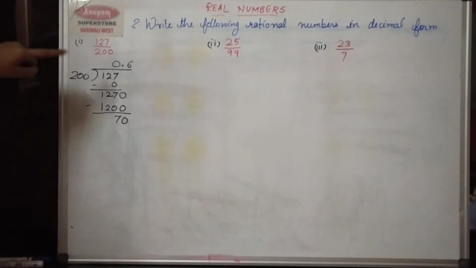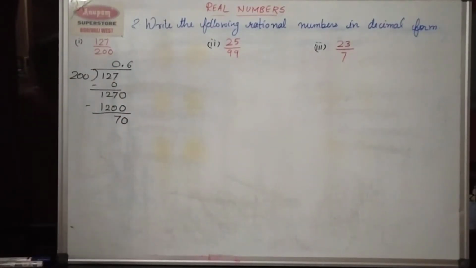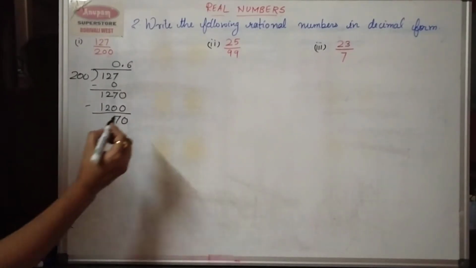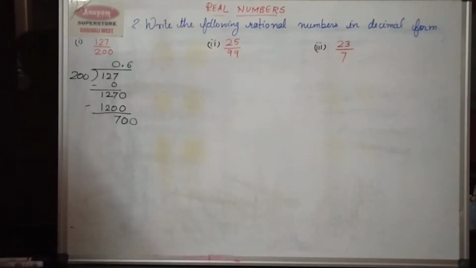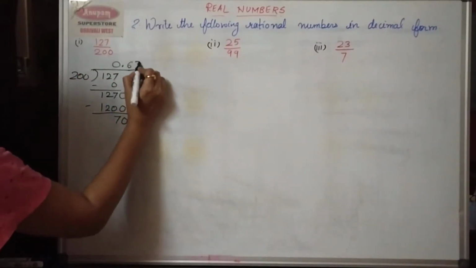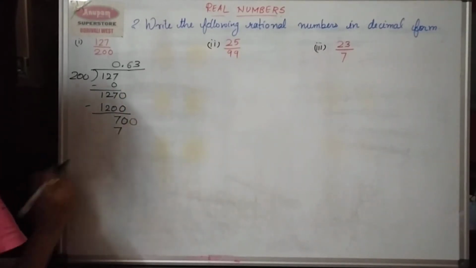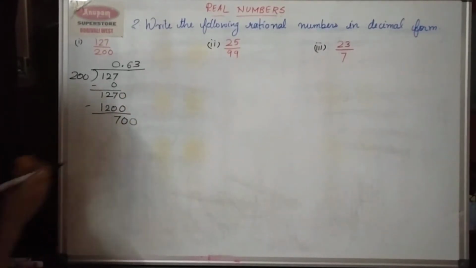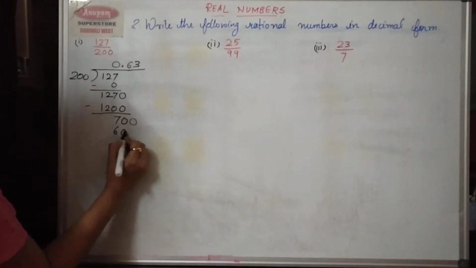Now I also have the decimal point given here, hence I am going to take another 0 here, and now I will divide 700 by 200. On dividing 700 by 200, I will get 200 into 3, which is 600.